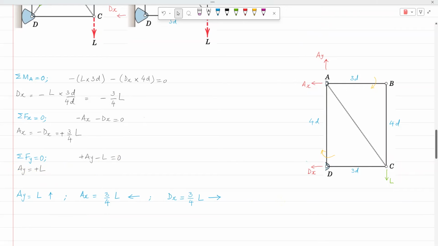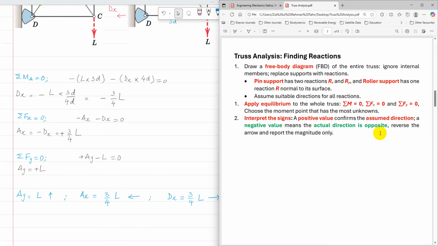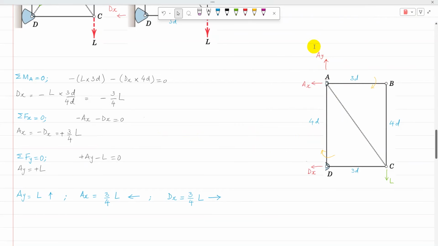Here, a positive value confirms the assumed direction. Whatever suitable direction was assumed, a positive value confirms it, and a negative value means the assumed direction needs to be reversed. Now AY is positive, so its direction is upward.